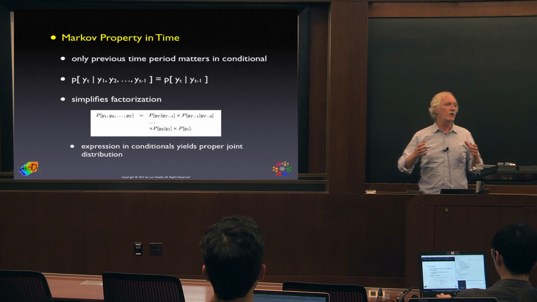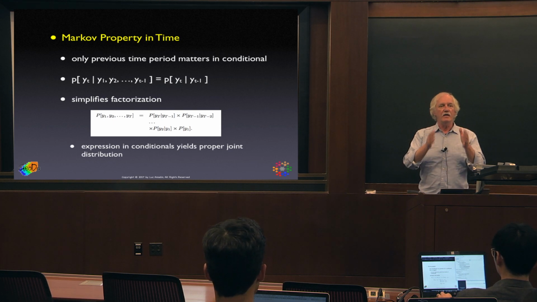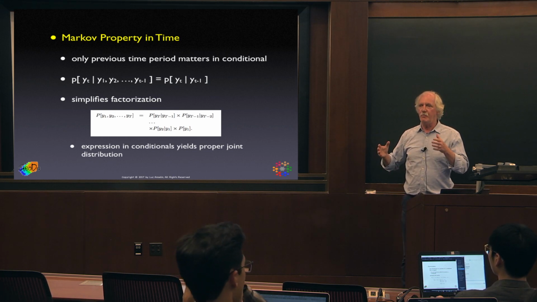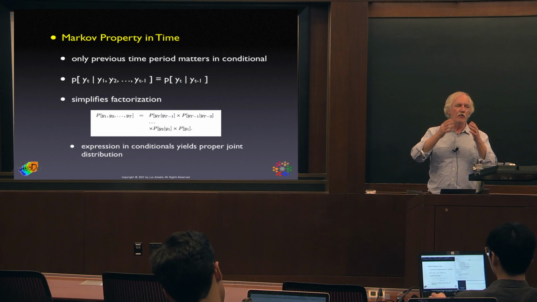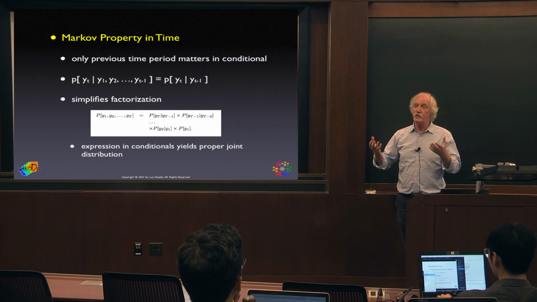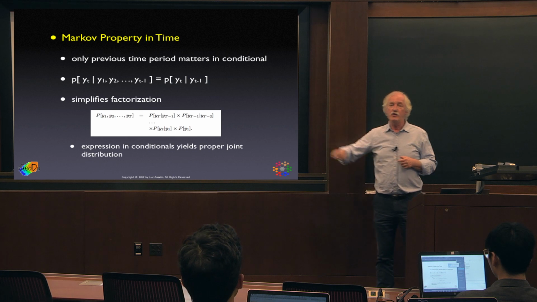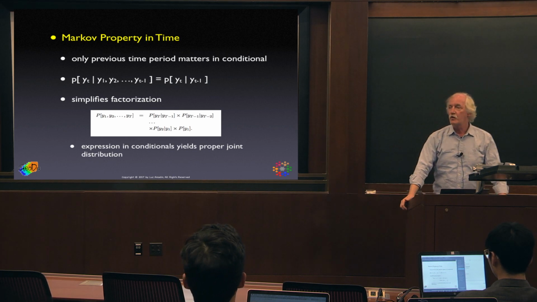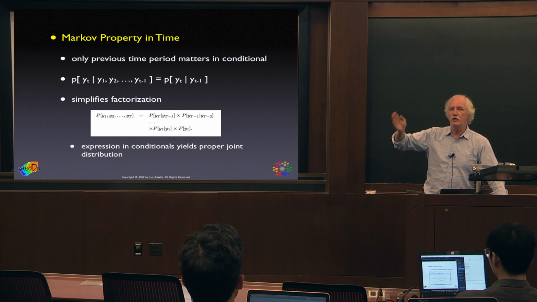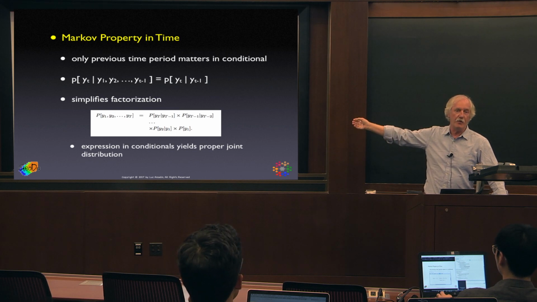So the conditional probability of today given the whole past, the whole history, is actually the same as the conditional probability of today given yesterday. So all this other stuff doesn't matter. Which of course then really simplifies the factorization that we have here. And we just have a product of conditional probabilities that relate t to t minus 1. And we do this all the way till we end up at the very beginning, because we can't get around that, right?